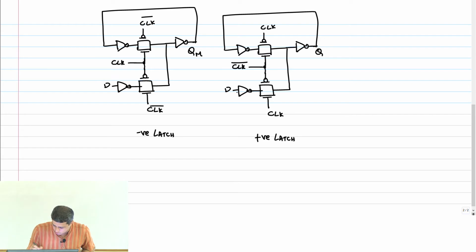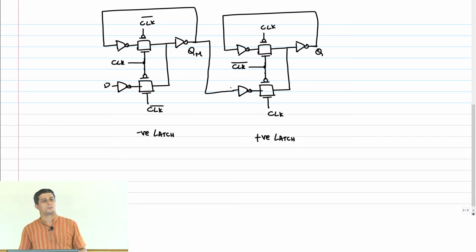And where should QM go? It should basically go to the D connection here. Remember that you can do this wire-OR only at the output of a transmission gate. Okay? Clear? Now let's try to analyze what the setup, the hold time and the clock to Q delays are of this flop. Okay, so let us do the delay analysis.